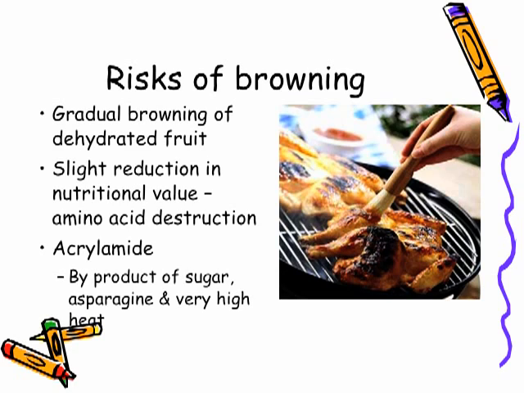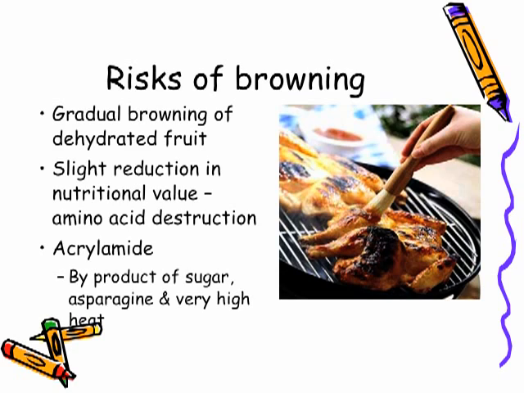There are some risks associated with browning. Dried fruit, if they're not treated in some way, can not necessarily spoil, but they don't look as appetizing. There's a very slight reduction in nutritional value because of some amino acid destruction, although here in the United States we have an abundant protein supply, and so normally that's not something that we're concerned about.